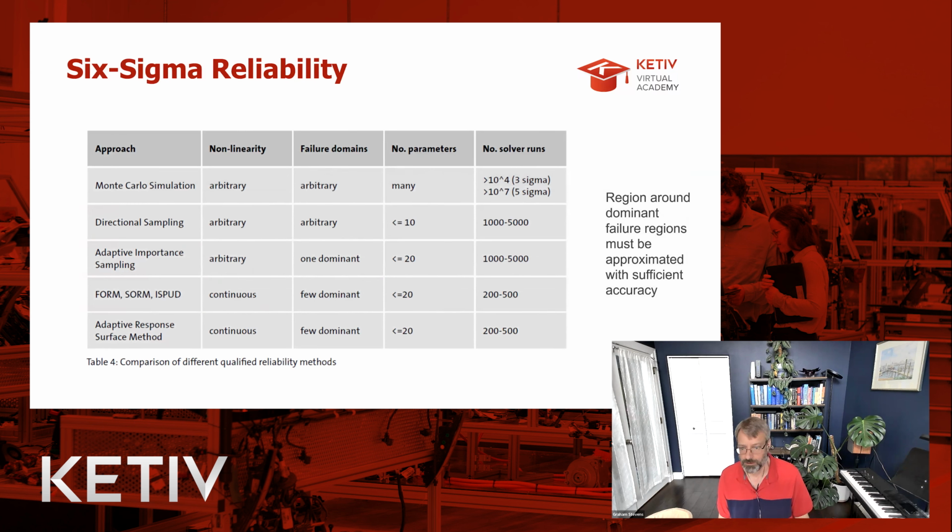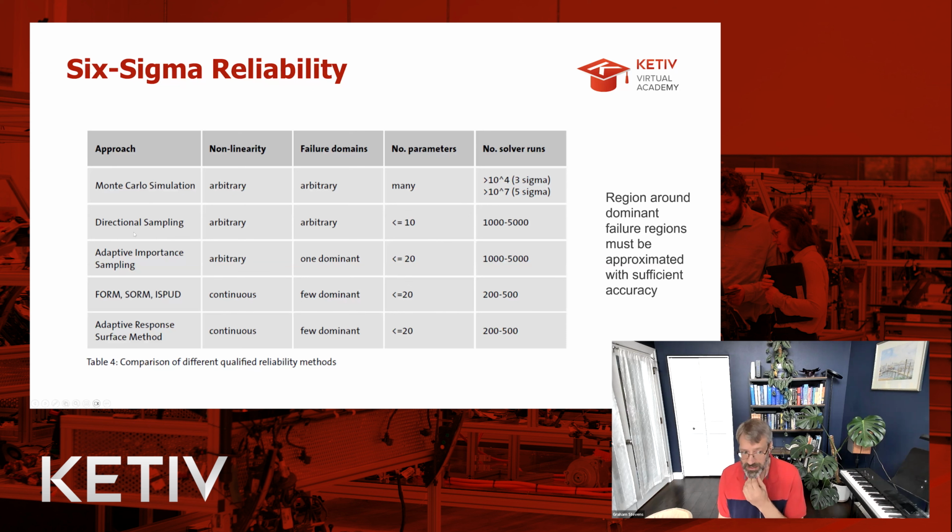And as we go to Six Sigma reliability in particular, you really want to run analyses around the dominant failure regions, and you have to do that with sufficient accuracy. And so typically for Monte Carlo, you'll get into large amounts of runs, tens of thousands or millions of runs, to get to 5 or 6 sigma or 3 or 5 sigma here.